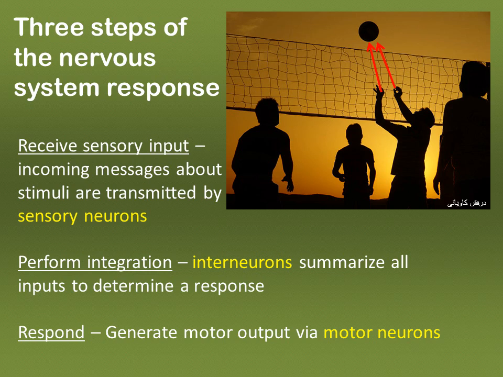The volleyball player is going to hit the ball as a response to this stimulus of observing it. And that motor output is propagated to the correct muscles via a specialized kind of neuron called the motor neuron. So sensory neurons bring the message in, interneurons make sense of that message, and motor neurons carry the message back out to stimulate the correct muscles or glands.